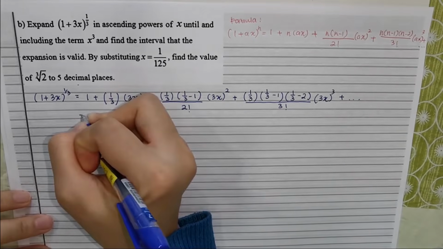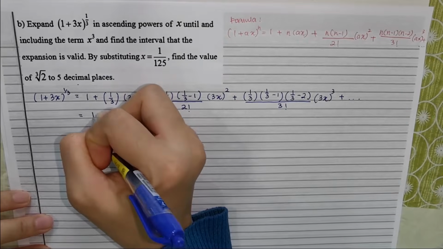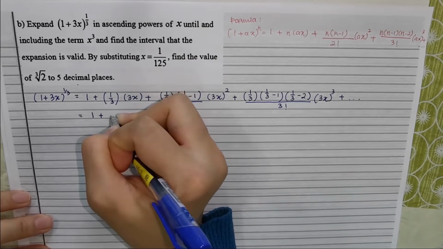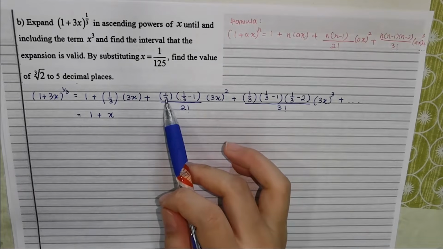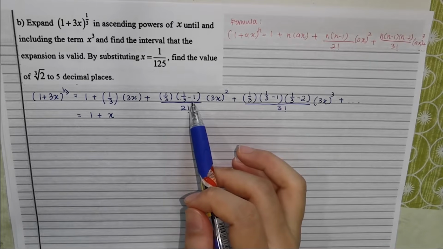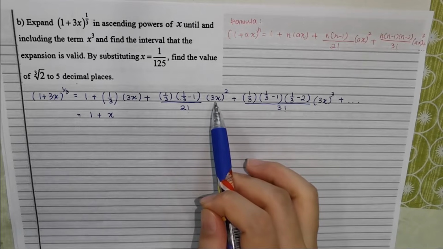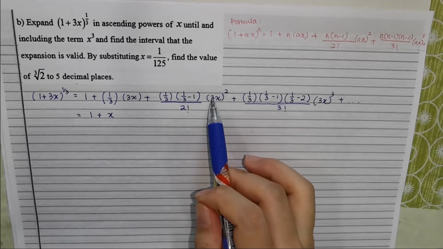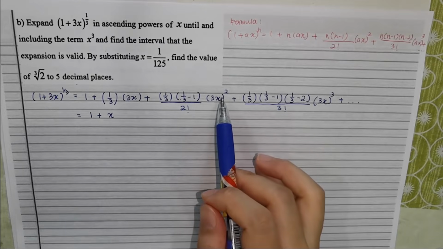And then simplify all the four terms. We get 1 plus, cancel out 3, x. Then 1/3 times (1/3 minus 1), which is negative 2/3, over 2 factorial, just 2, times 9, since 3 squared is 9, times x squared. So what do we get here?